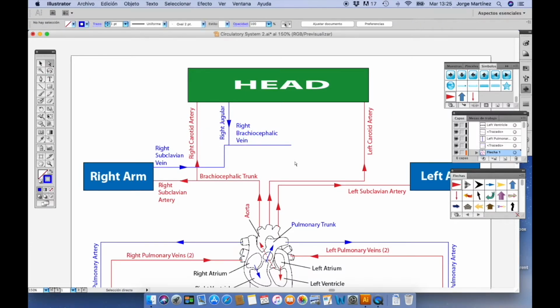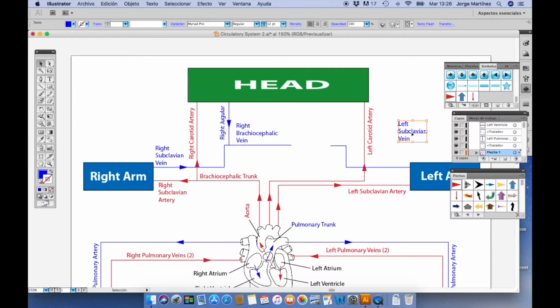In a similar way, the blood from the left arm is transported by the left subclavian vein.